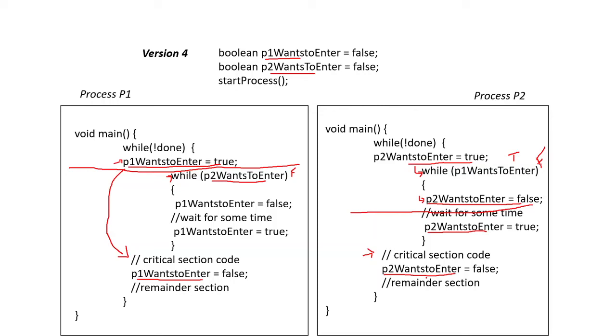Each process can set the flag P1 wants to enter to true, then make the while test. That is, if the other thread or process is in the critical section, then wait for some random amount of time and then again set the flag P1 wants to enter to true.